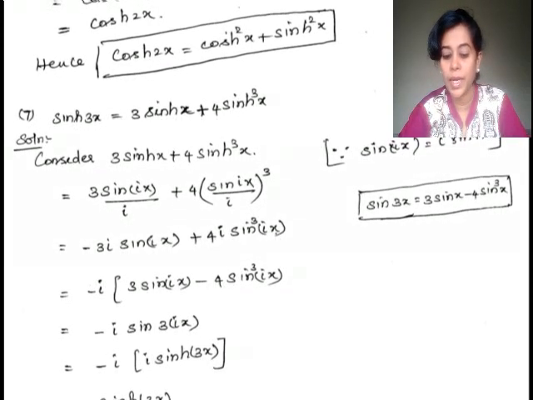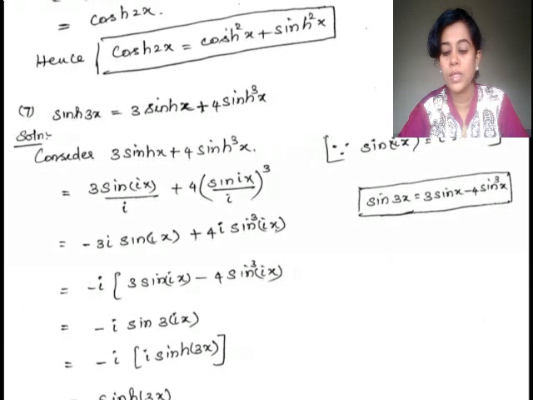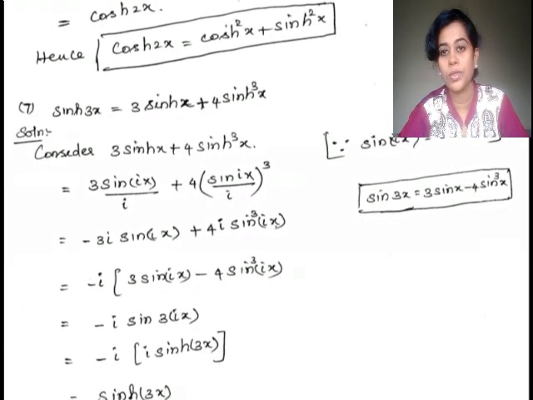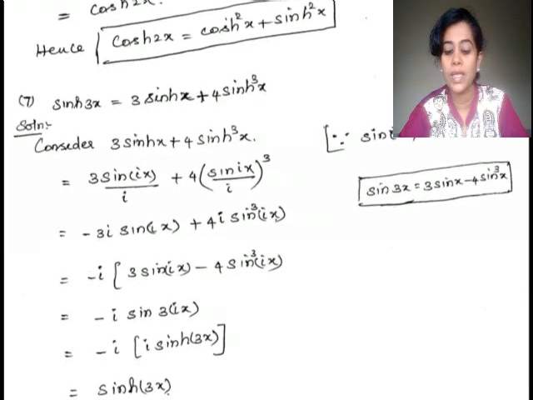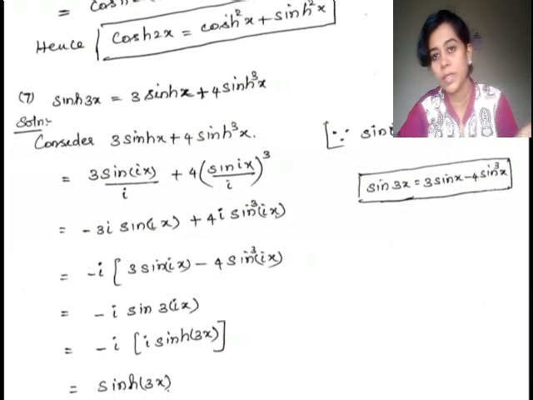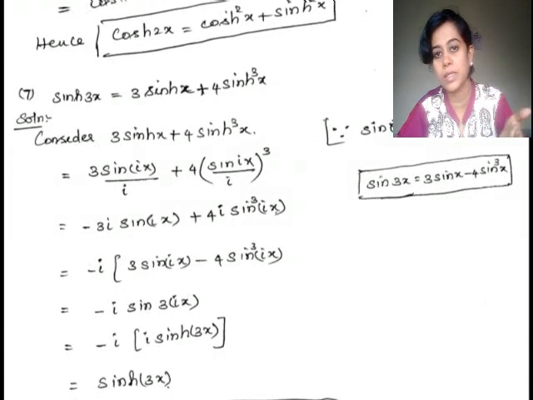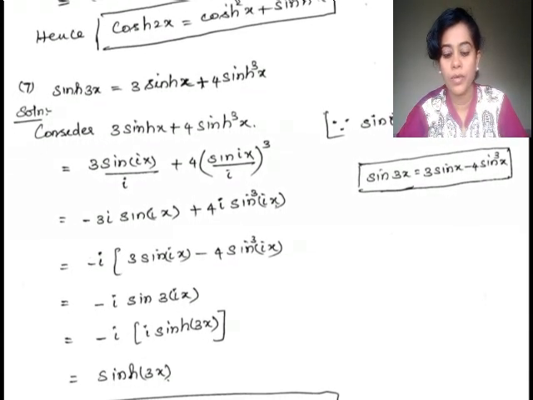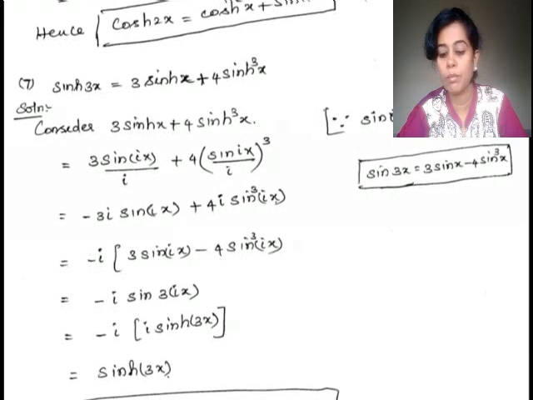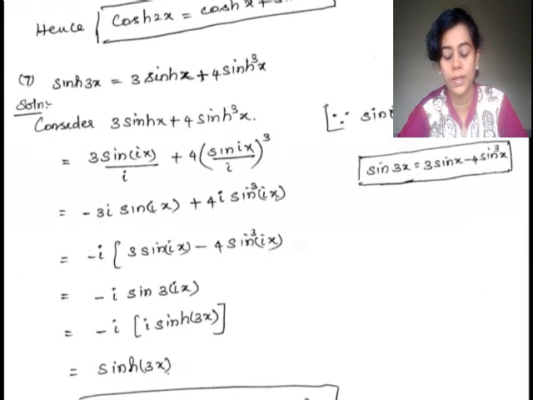Because both terms have i, taking it as common, it is minus i of 3 times sin ix. If I am taking minus as common in these terms, then the next term will get minus. So therefore it is 3 sin ix minus 4 sin cube ix.